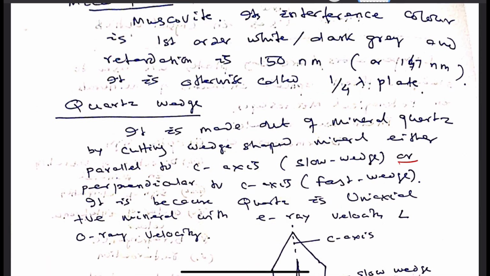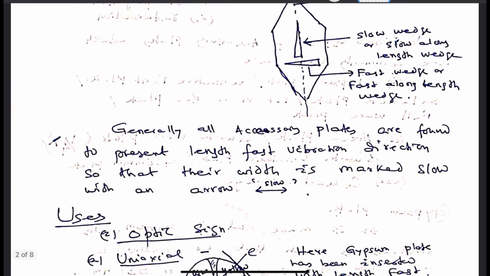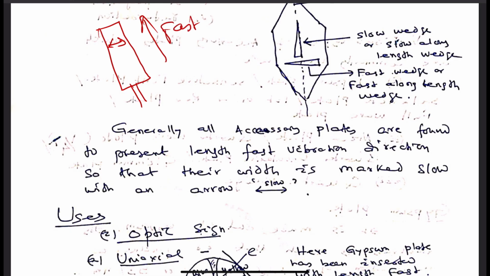Generally, the accessory plates which are used in microscopes have their length containing the fast direction, so that the width is the slower direction. If this is any accessory plate, this is its length, so the slow direction is parallel to the width, and the fast direction is parallel to the length.